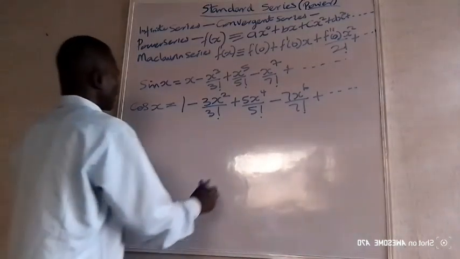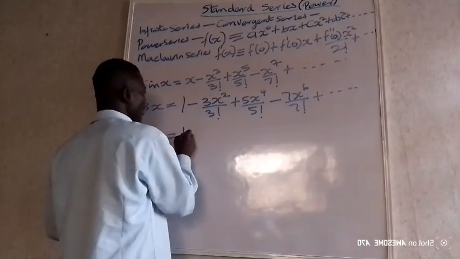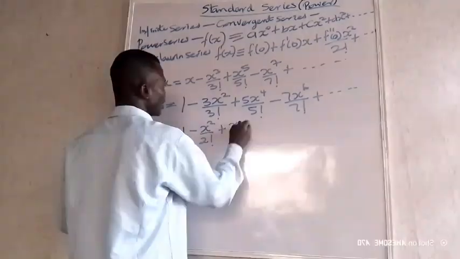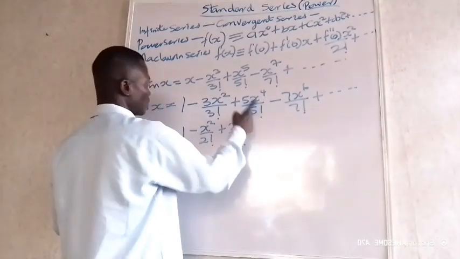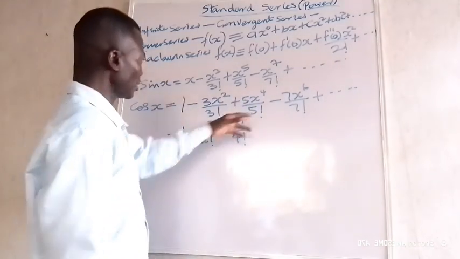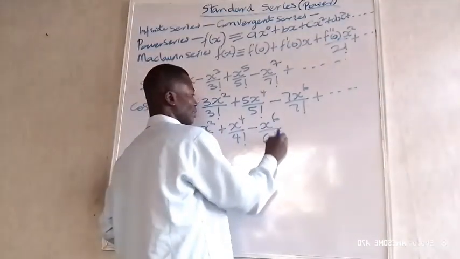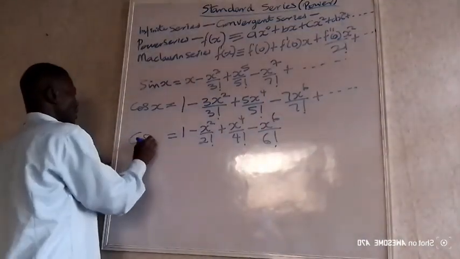Then, we can now see this to be 1 minus x squared over 2 factorial plus x raised to the power 4 over 4 factorial, because by the time you divide this, this 3 will go, this 5 will go, to remain 4, minus x raised to the power 6 over 6 factorial. So this will be cos x.